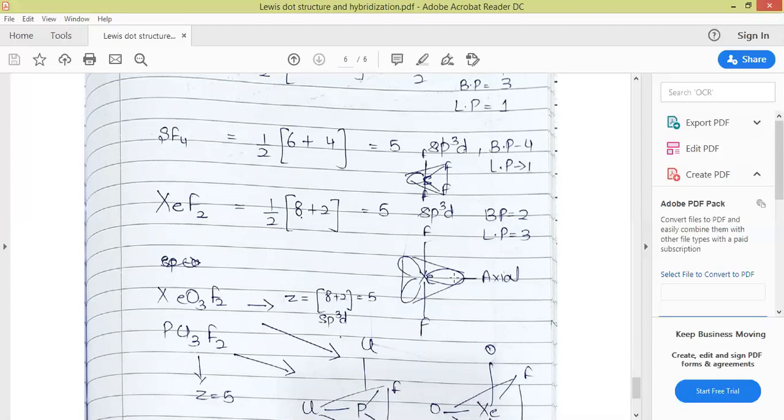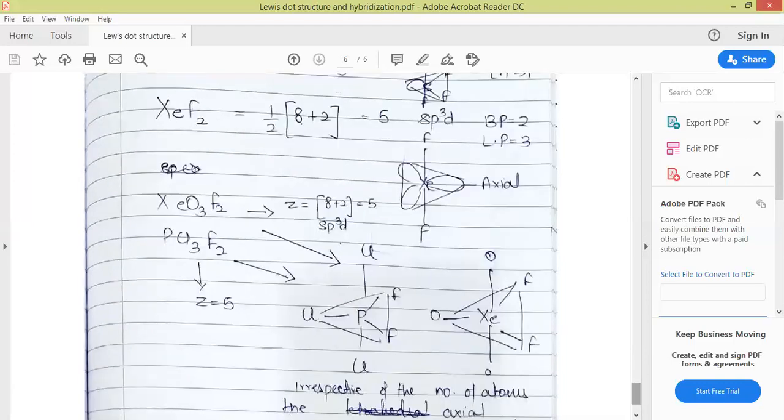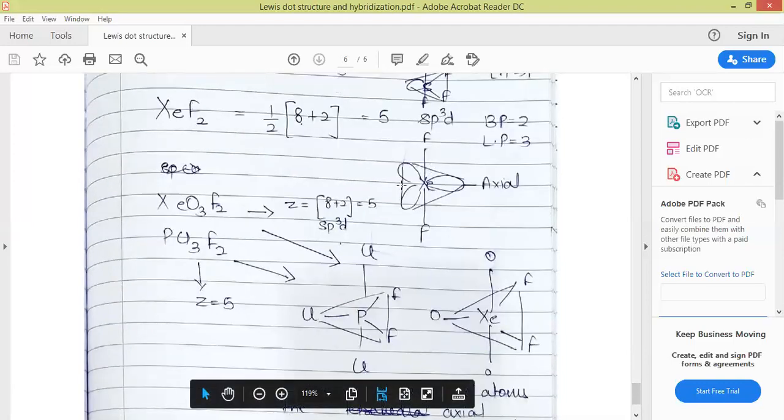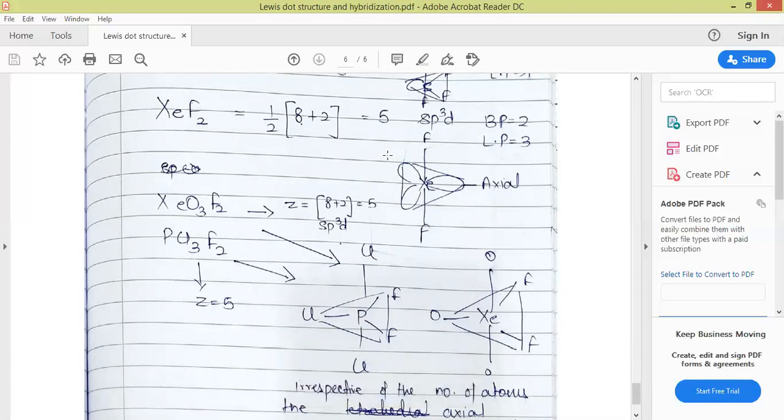Here, all the 3 lone pairs will occupy axial positions, that is these 3 positions, and fluorines will occupy the equatorial positions. This is not at all on the basis of number, that if 3 lone pairs are there, those will occupy the 3 positions, and 2 fluorines are there, those will occupy the 2 positions. That is, as there are 3 equivalent positions, this is not based upon that.